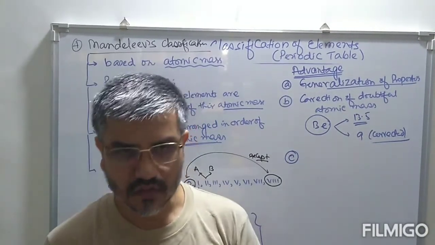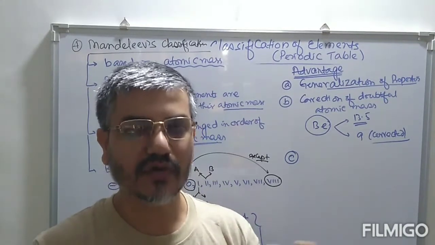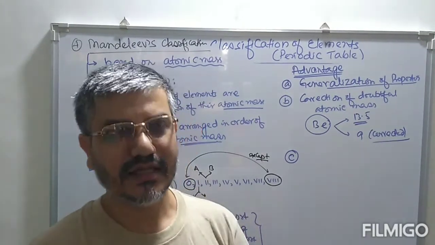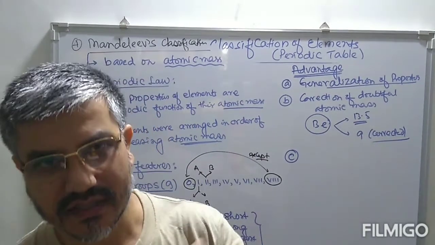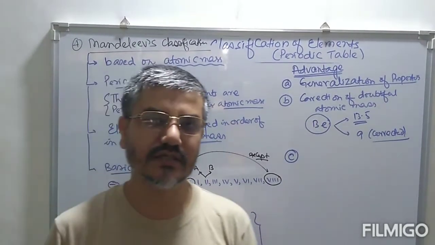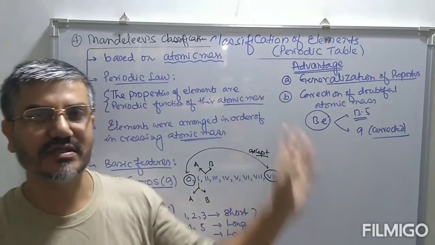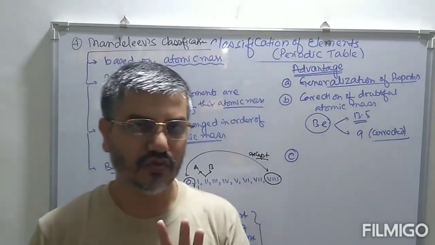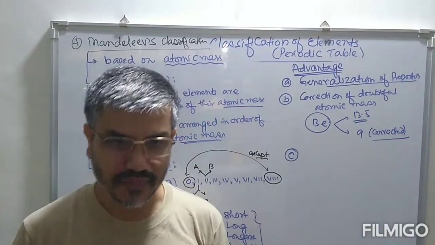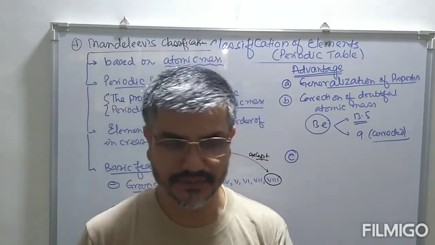For the elements going to be discovered, he left a number of unoccupied spaces, saying these are the elements likely to be discovered in the future, and they should have properties similar to those of elements present in that particular group. So, for elements yet to be discovered, he predicted their properties, but since they were not yet discovered, he kept a gap.